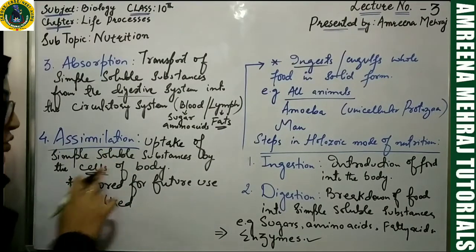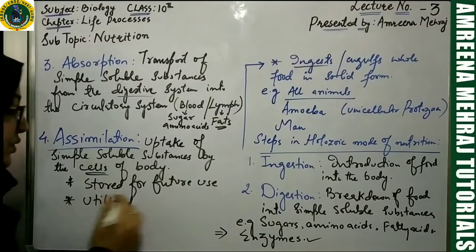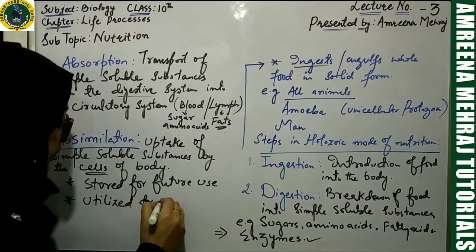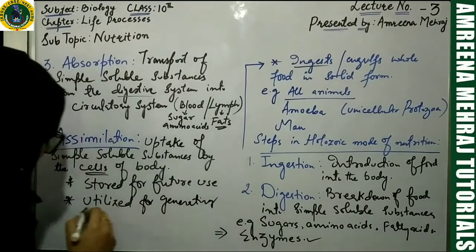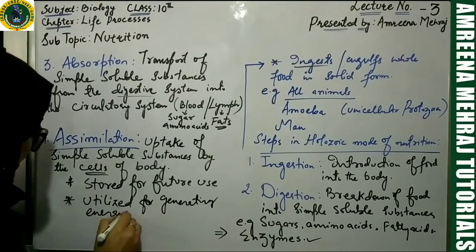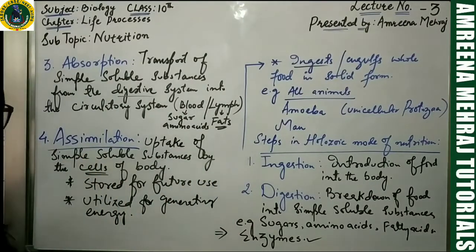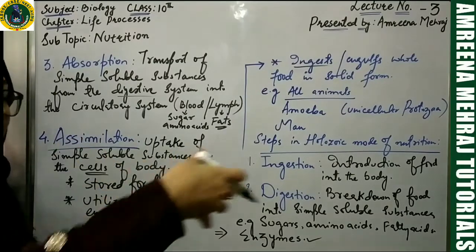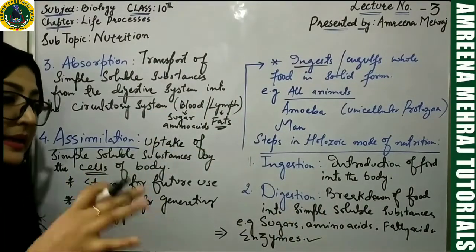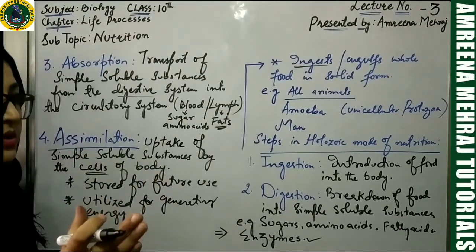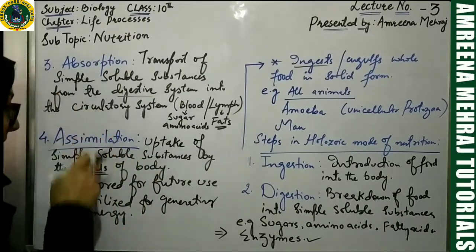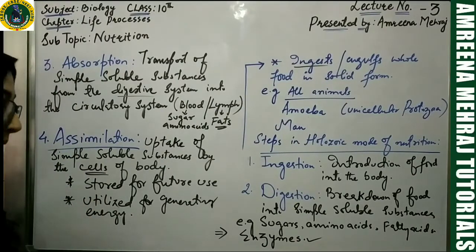Those nutrients will be stored for future use, or they will be utilized for generating energy. That step, whereby your cells uptake the nutrients and either use them to get energy or store them for future use, is the step of assimilation.